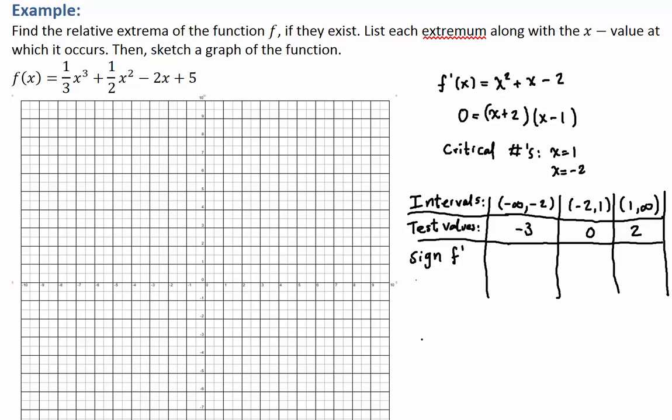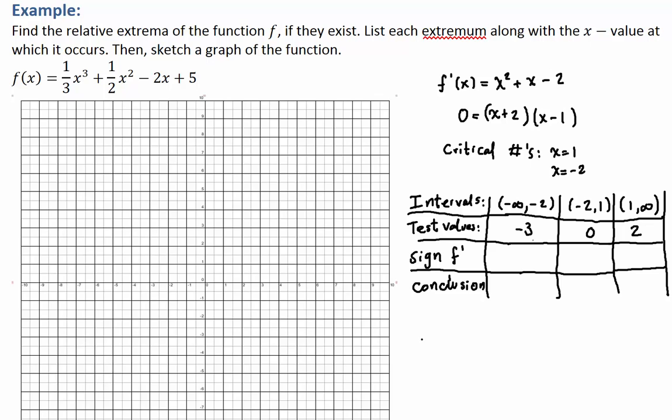Remember that when the sign of the derivative is positive, the function is increasing in the neighborhood of that point, and whenever the sign of the derivative is negative, then in a neighborhood around that point the function is decreasing. So we're going to have a conclusion which is either that the function is increasing or decreasing.